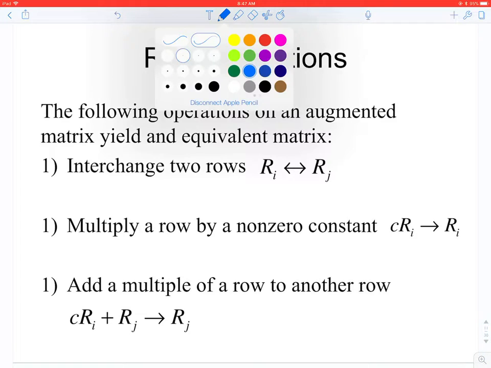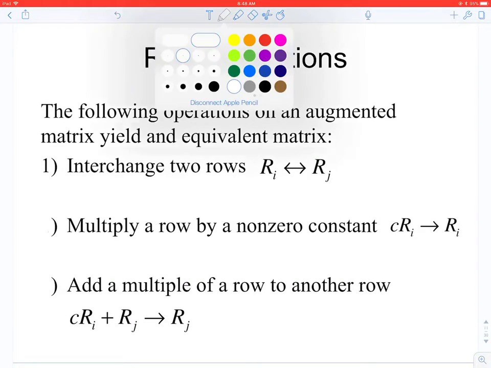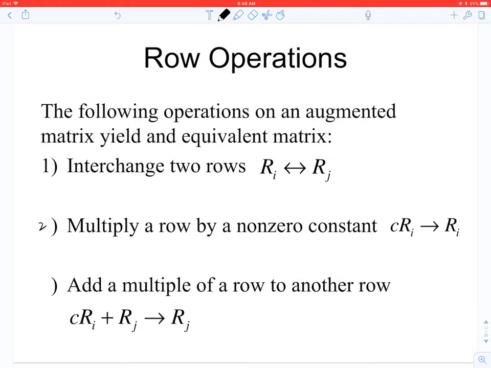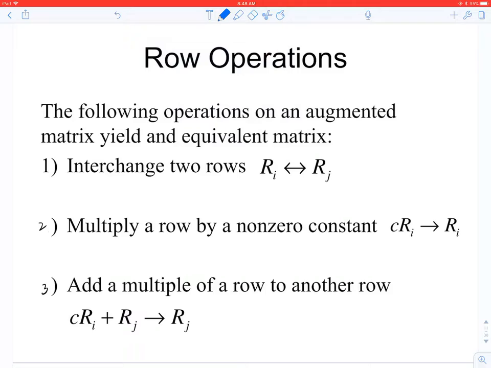And then the second row operation, I have my numbering off here. Okay, the second row operation is you can multiply a row by a non-zero constant. If we think about the elimination method, we often would have to use the multiplication property of equality to multiply an equation on each side by some constant.